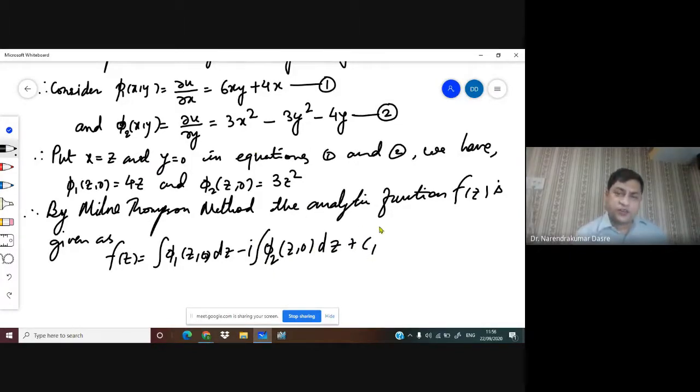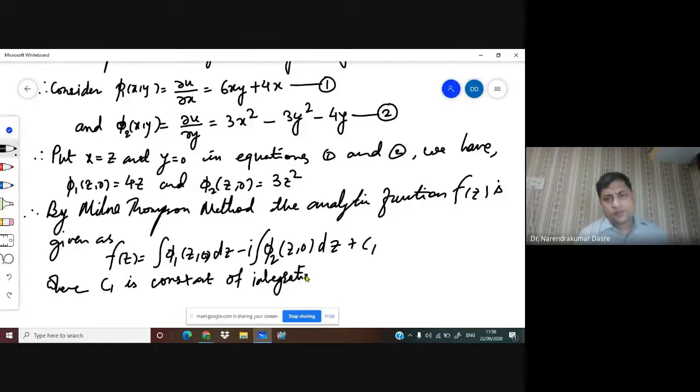So please be careful. We have already used c, so that's why we cannot use it once again, and hence we write this as c1, where c1 is the constant of integration. Okay, c1 is going to be the constant of integration.